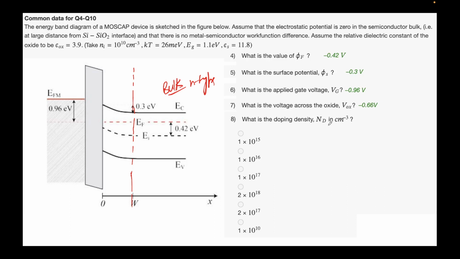So EF minus EI is already given as 0.42 eV, divided by kT, which is 26 meV. So I just have to solve this out. This will be 420 by 26. Let me find my calculator, just give me a minute.